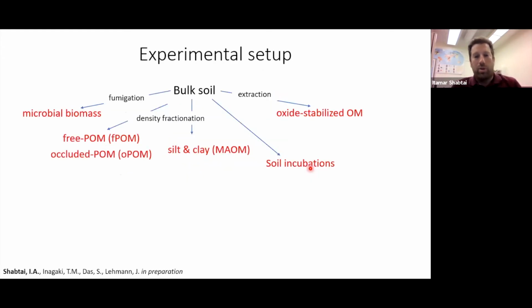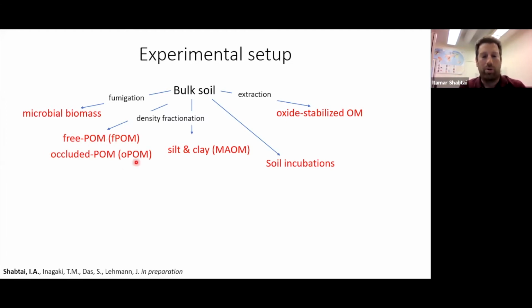So we sampled a bunch of soils in this experimental plot and measured several things to try to understand this. We measured the microbial biomass. We did a density fractionation on the soil, which allows us to isolate the particulate organic matter, POM, which is the fraction that is most resembling plant litter. It's the least decomposed pool. So the free POM is the POM that is not within aggregates.